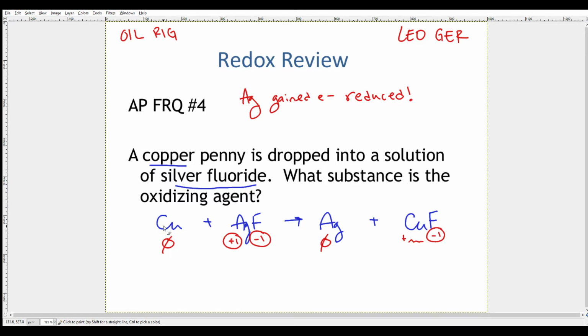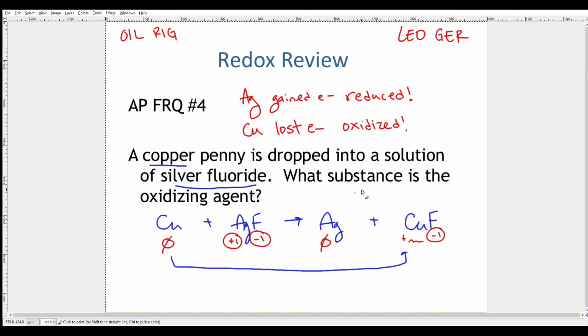And I know if it started off with a charge of 0 and it ended up with a positive charge, what must copper have done? It must have lost electrons because it became more positive. So if it lost electrons, it was oxidized.